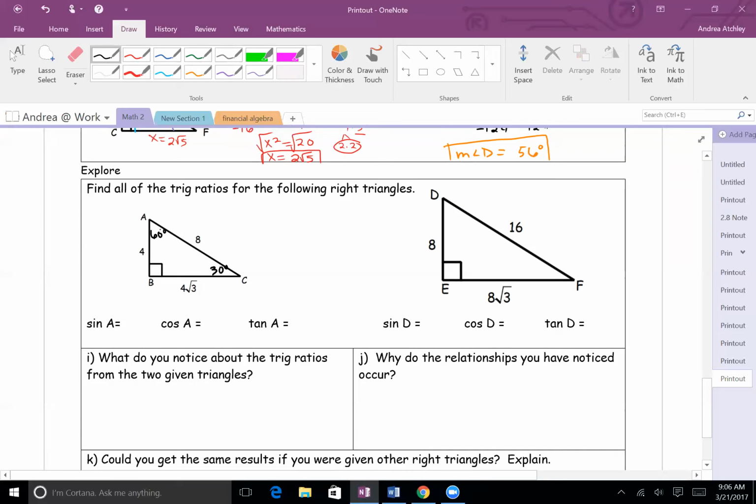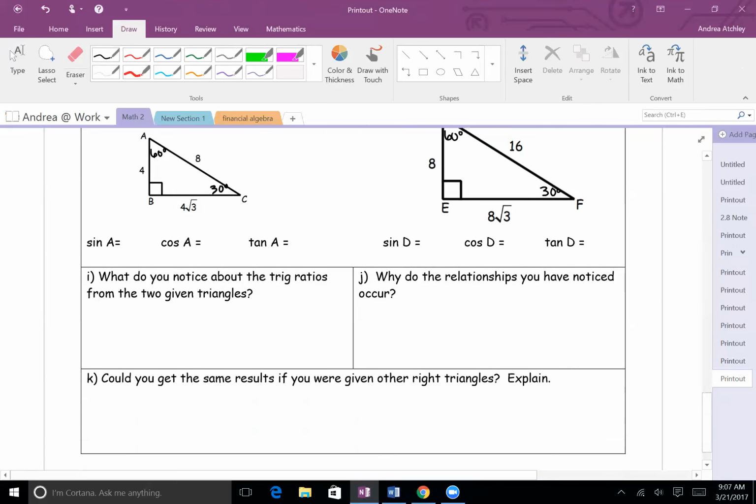I should have written them in, but I forgot to. 30 degrees and 60 degrees. Okay? I want you to find all the trig ratios and then answer those questions for me.